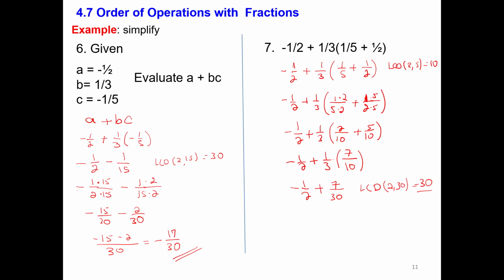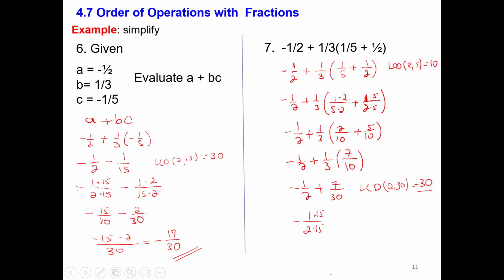We need to multiply the fractions to get a common denominator of 30. To do that, we multiply the first fraction by 15. 2 times 15 is 30, and if we multiply the denominator, we need to do the same on top.